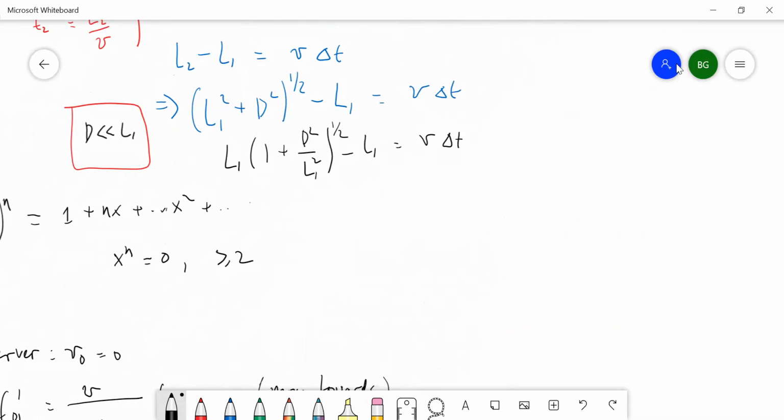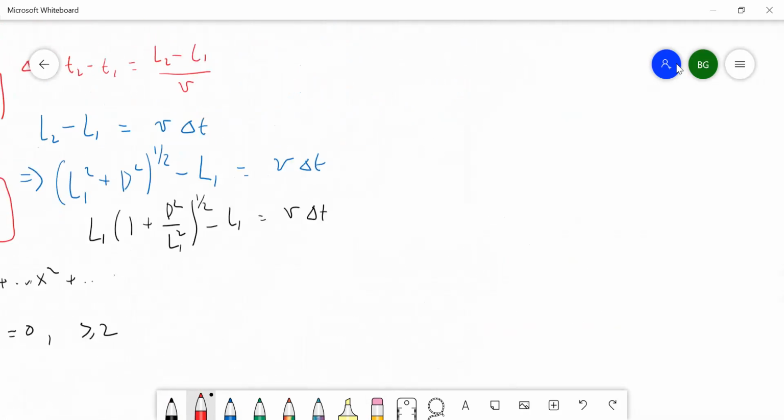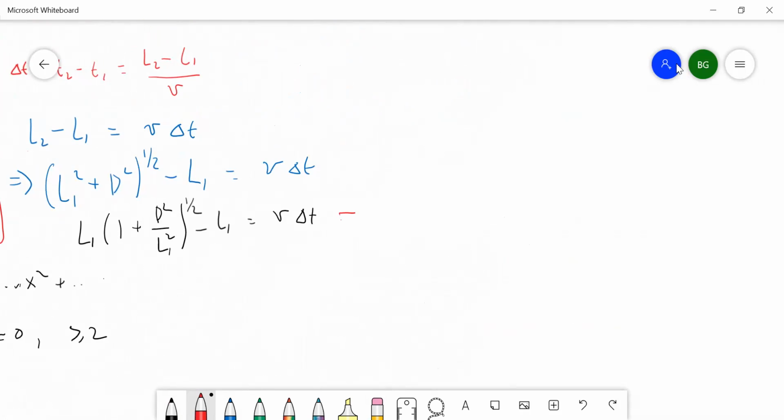If this is the case, we get that L1 times 1 plus D squared over 2 L1 squared, minus L1, equals V delta T.